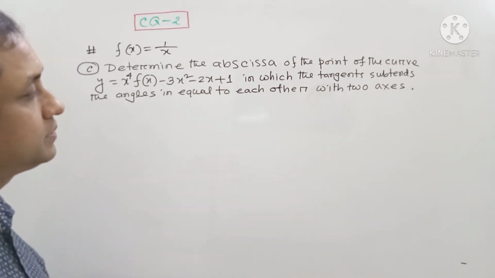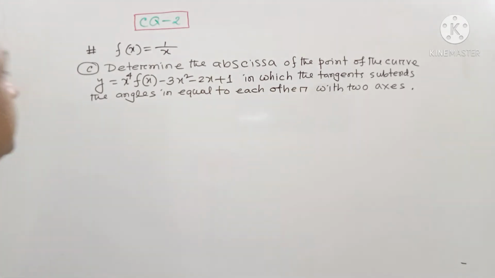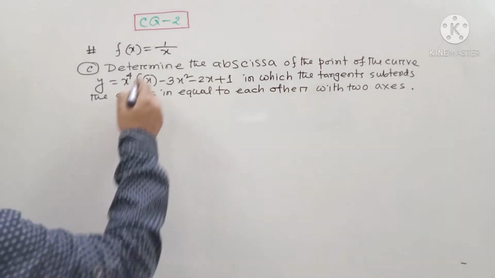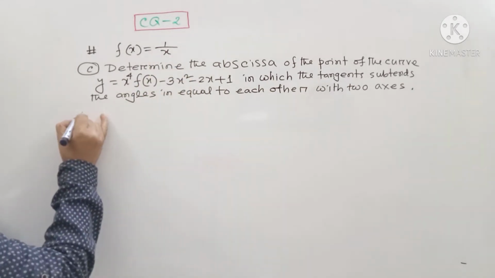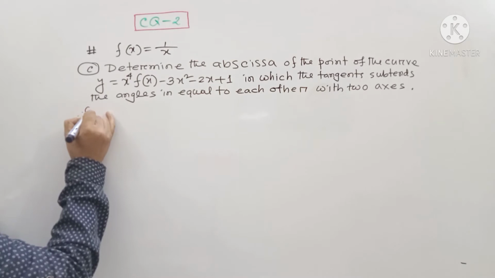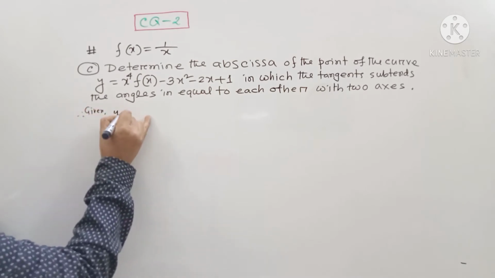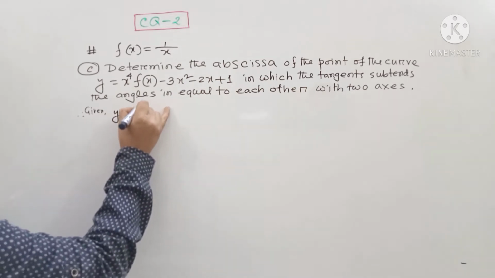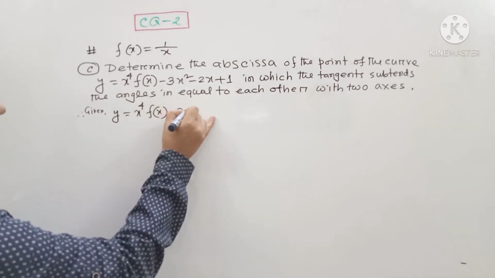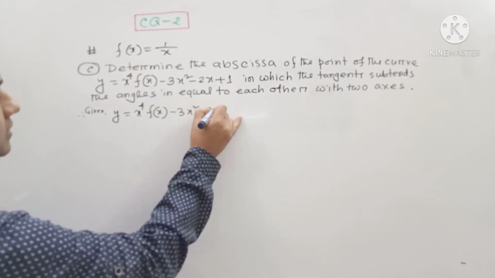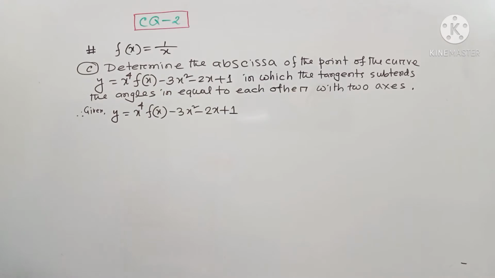So student, attention please and look at the board. Now given f of x equals 1 by x, so here given y equals x to the power 4 f of x minus 3x squared minus 2x plus 1.